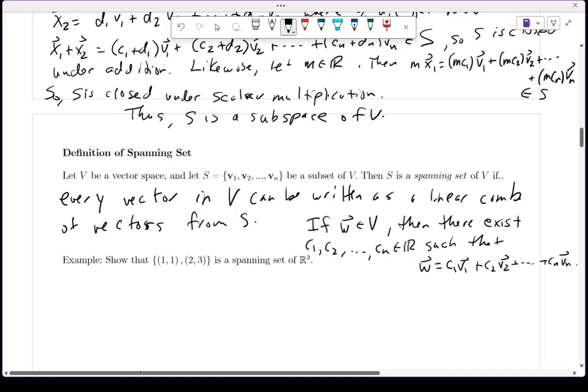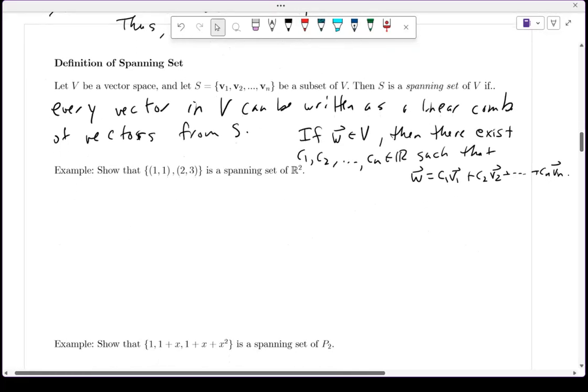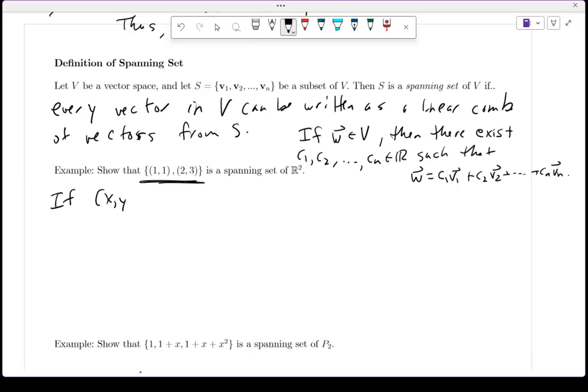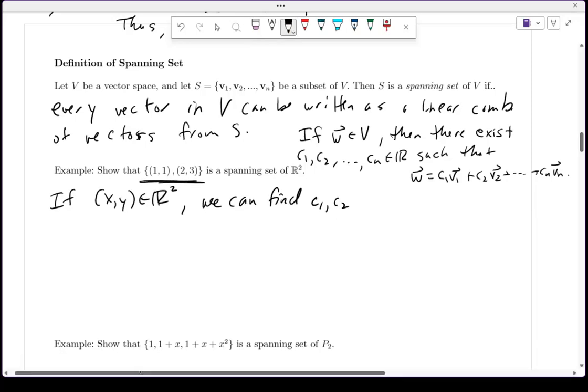All right. So how do I know if something spans? What we mean by that is, if I want to show that this set here is a spanning set, I need to show that if my x comma y is in R2, we can find C1 and C2 so that C1 times (1, 1) plus C2 times (2, 3) is equal to (x, y), no matter what the x and y are.